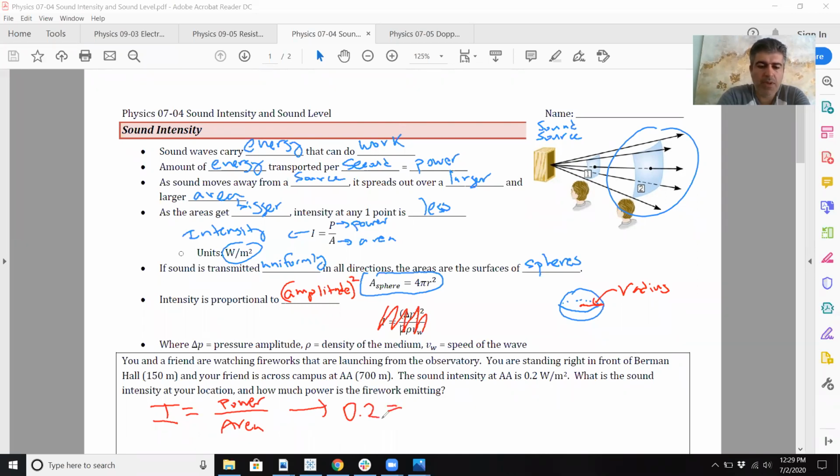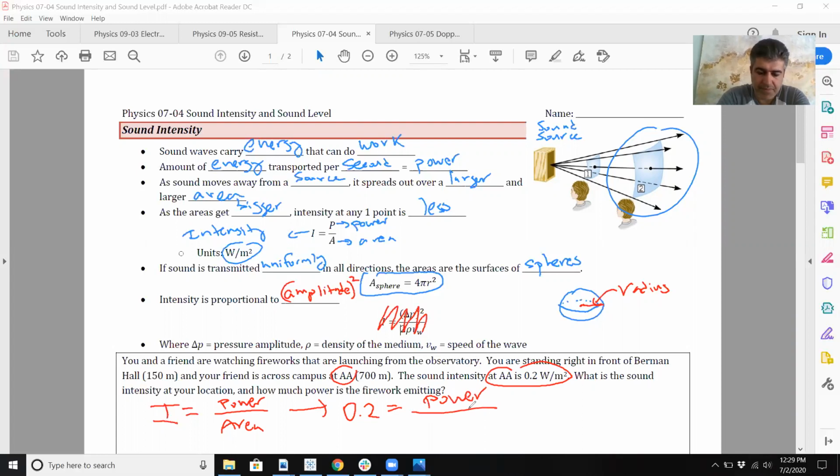And we're trying to solve, sorry, actually, we want the intensity. No, we are solving for power first. So you've got to get the power of the source. That's what P represents. So we'll look at your friend first. The intensity at that point is 0.2 watts per meter squared. So this is for your friend.